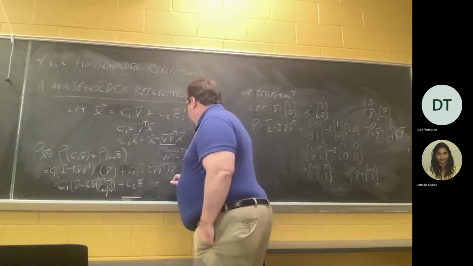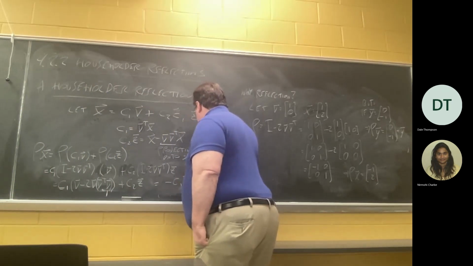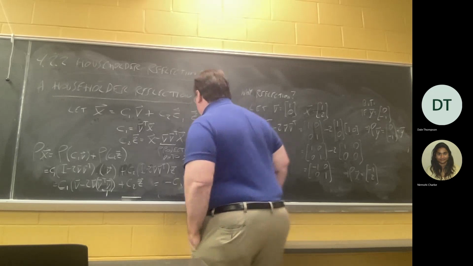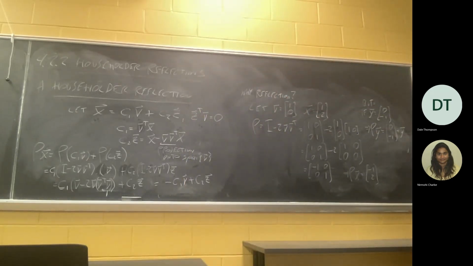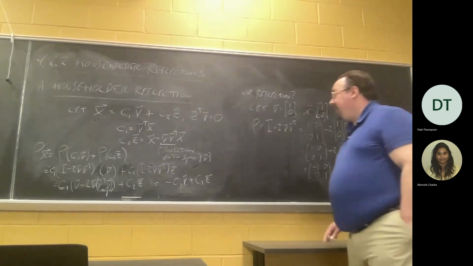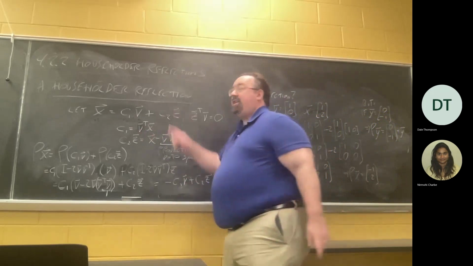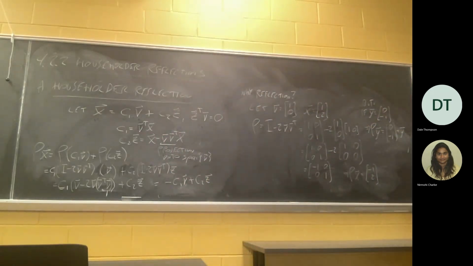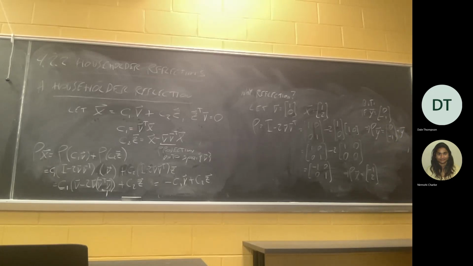So we get minus C1 v plus C2 z. So that's what P does to a vector. It negates the component in the direction of v, leaves all other components that are orthogonal to it untouched.